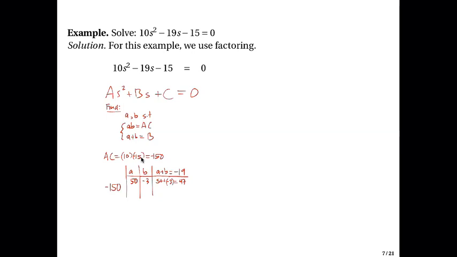And then one of your classmates actually suggested the correct pair. So we use negative 25 and then 6. Negative 25 times 6 is equal to negative 150. And you see, negative 25 plus 6 is equal to minus 19.